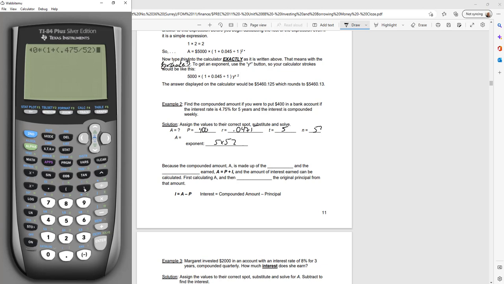I'm going to close the bracket, and then to the exponent of 52 times 5. So my grand total is $4,254.29.